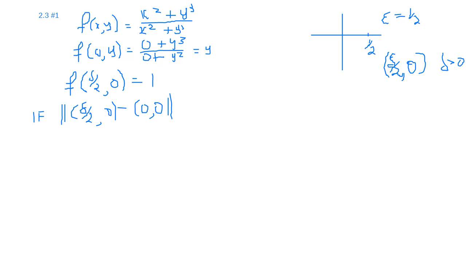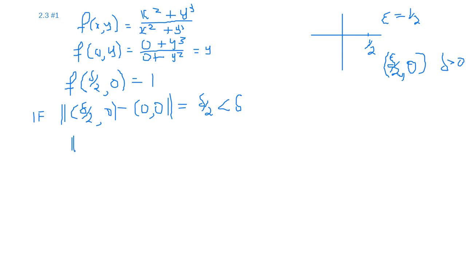If that is less than, well, in this case, that distance will be delta over 2, and that will be less than any delta positive that I use.